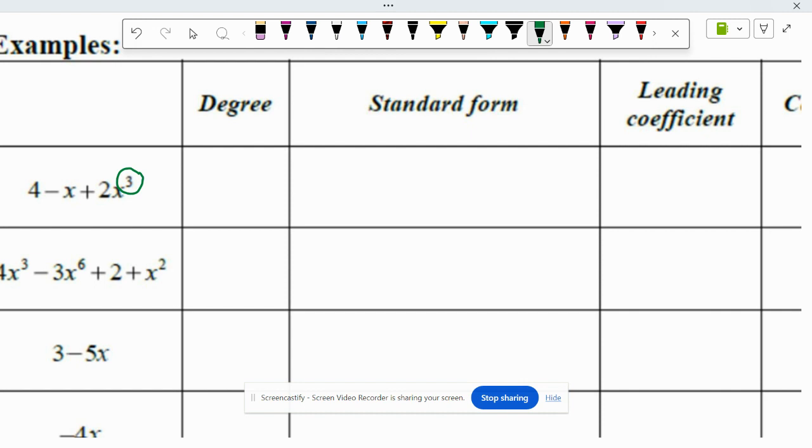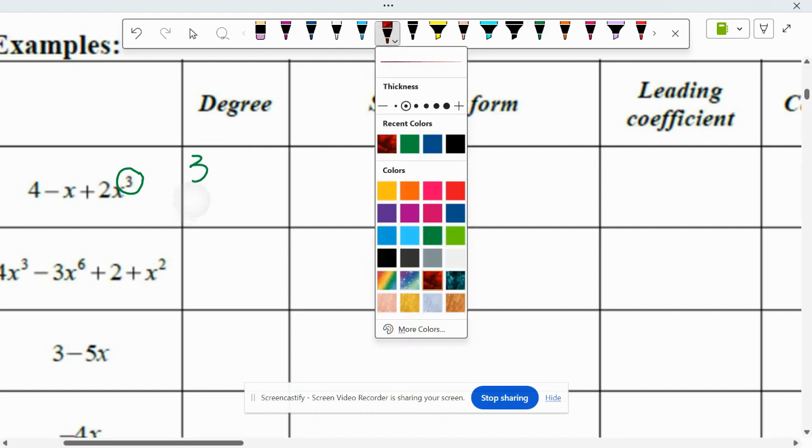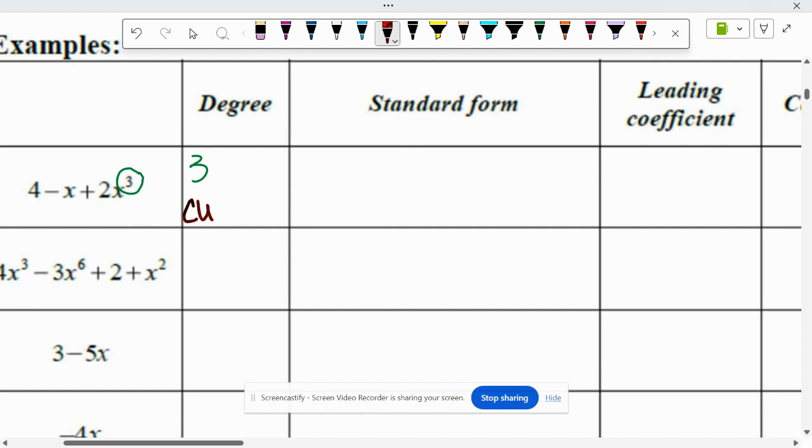Largest exponent is 3. Do you guys see how I circled that? So that means this is degree 3. Something that is degree 3 is actually called a cubic. If it's degree 3, it's called a cubic. Just like when you cube something, right?